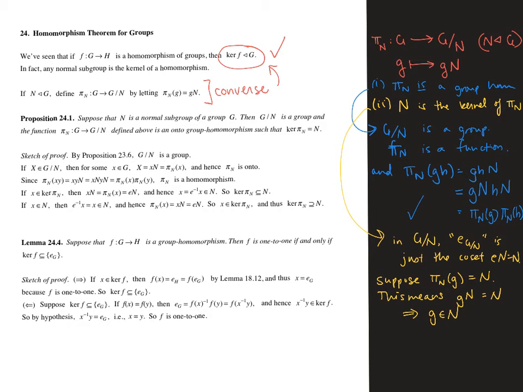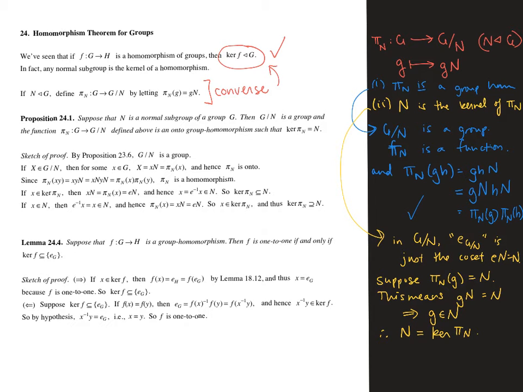And that tells us that the kernel is going to be our subgroup N. Of course, things in N are in the kernel, and this says things in the kernel are elements of N. So N is equal to the kernel of π sub N. And that takes care of it.